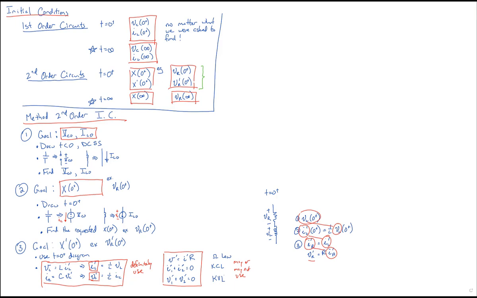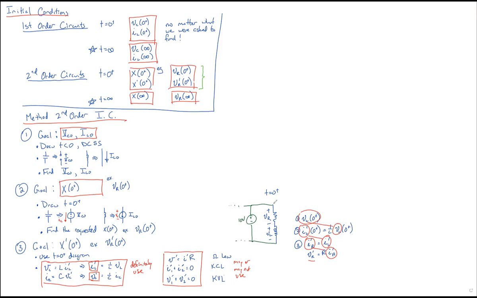So as an example of why you might find this second rule, this KVL rule, useful, let's see about a larger circuit out here. Let's say this is equal to a constant 10 volts for all time less than 0 and time greater than 0. Maybe it's even more complicated than that.